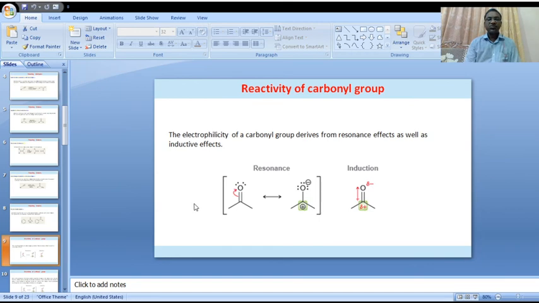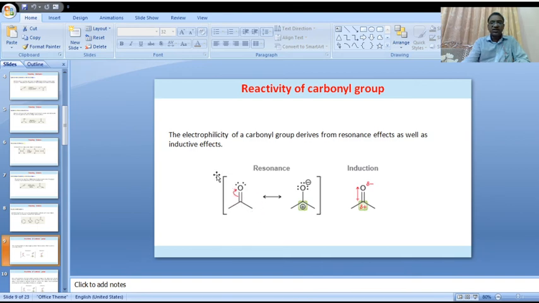Then we will discuss the resonance effect, how the carbon and oxygen atoms get positive and negative charges. Here, resonance effect in the carbonyl functional group.